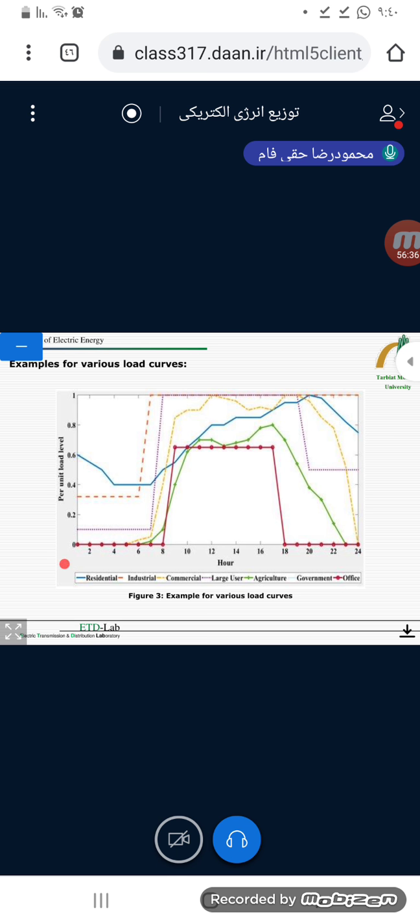Please see, this is the residential load in 24 hours. You can see the lowest in the early morning, and then rising, and for example 20 here is the highest.